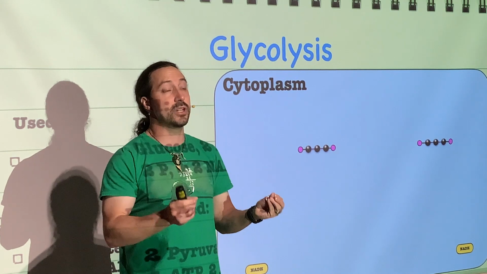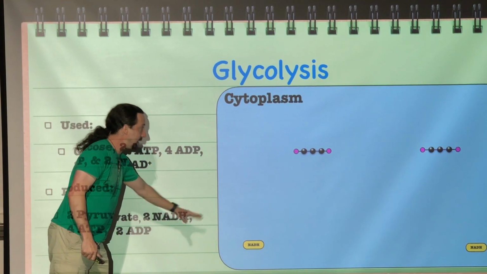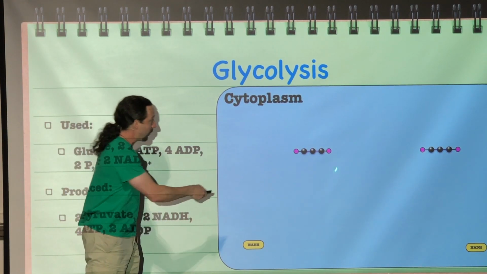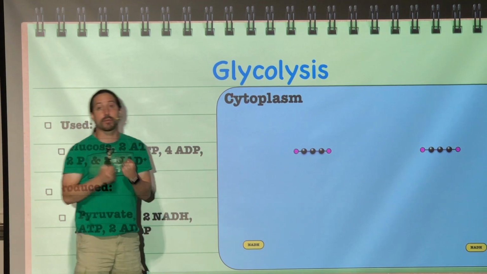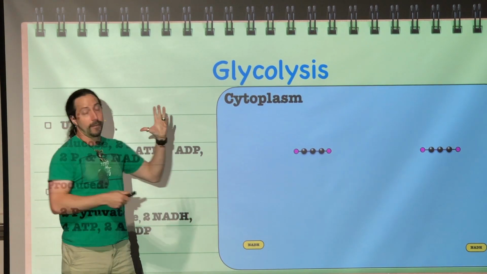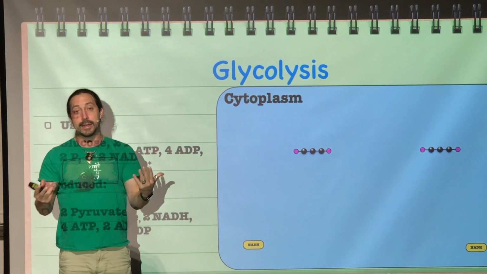So you should pay attention to that one. It's really important. And at this stage, we have made 2 NADHs, and through that process of forming the NADH, we also ended up phosphorylating that 3-carbon molecule. So now we have 2 3-carbon molecules that are phosphorylated on both ends.